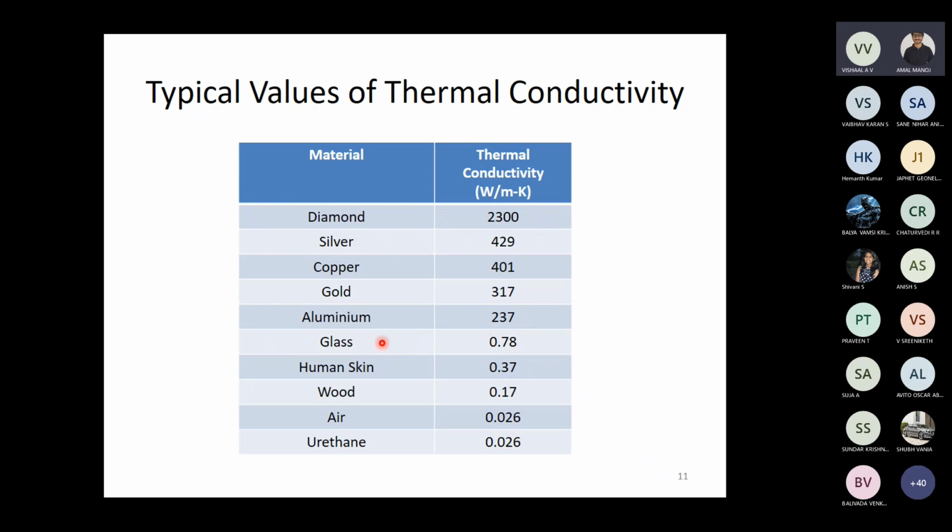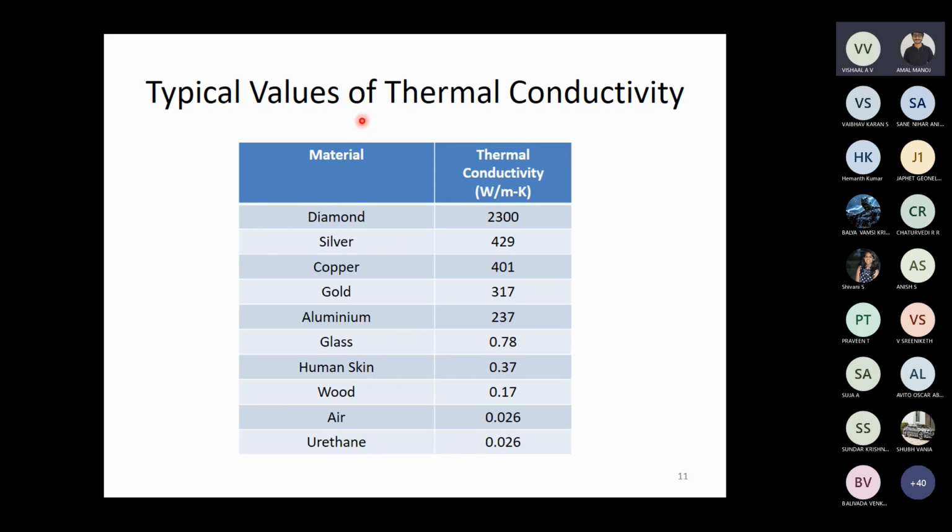Then come the poor conductors. Glass has a poor conductivity, 0.78. Therefore, whenever we want poor conduction or insulation, some applications use glass. Human skin is a poor conductor, 0.37. Thankfully, it's a poor conductor. Wood is much less, 0.17 watt per meter Kelvin. Air, much less, 0.026. So we sometimes use air as an insulator.